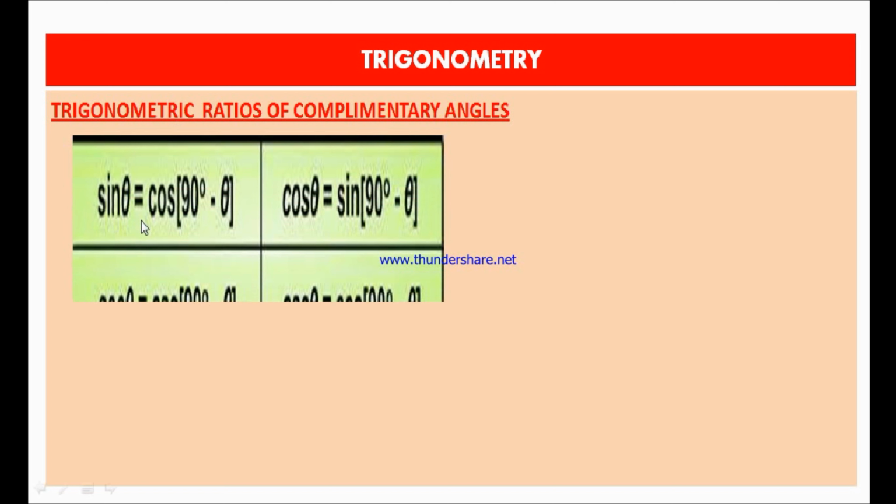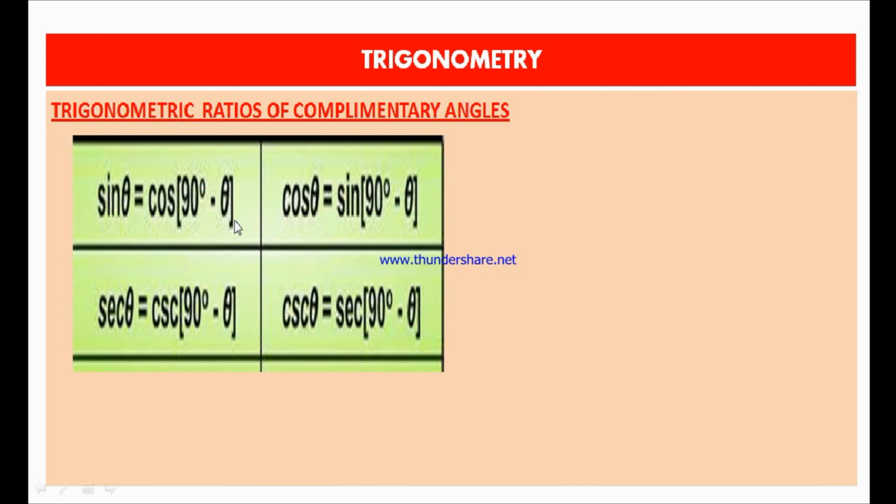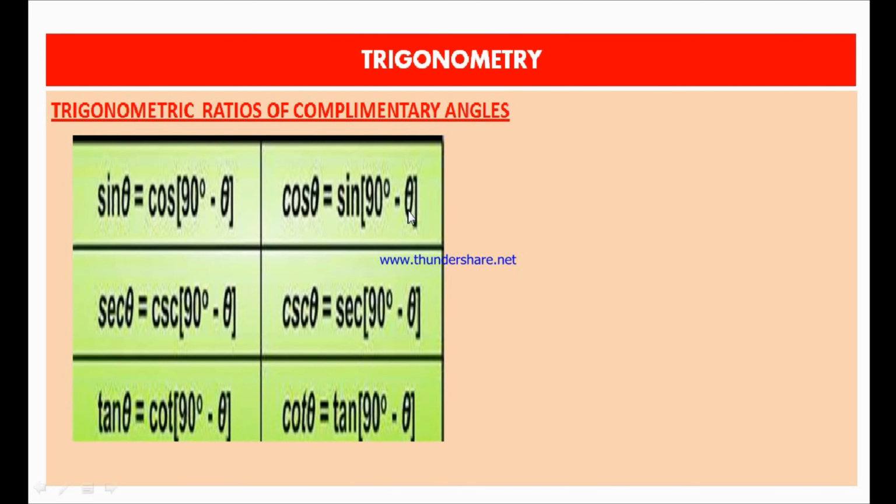Sin theta is equal to cos 90 minus theta, and cos theta is equal to sin 90 minus theta. Secant theta is equal to cosecant 90 minus theta, and cosecant theta is equal to secant 90 minus theta. Tan theta is equal to cot 90 minus theta, and cot theta is equal to tan 90 minus theta. These are called trigonometric ratios of complementary angles.